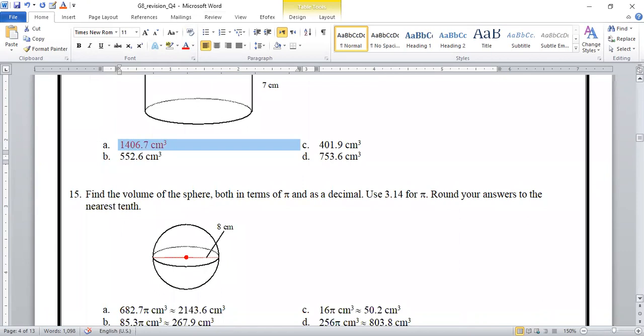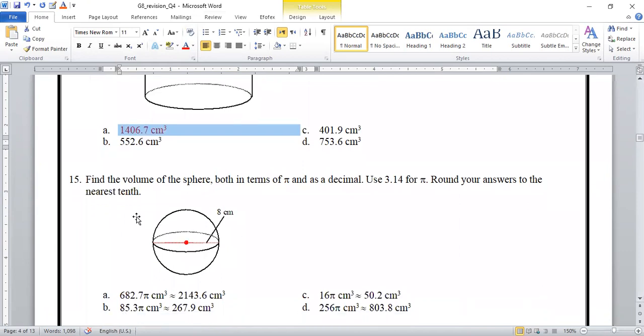Number 15. Find the volume of a sphere, both in terms of pi and a decimal. Use 3.14 for pi. Round your answer to the nearest tens. Okay.